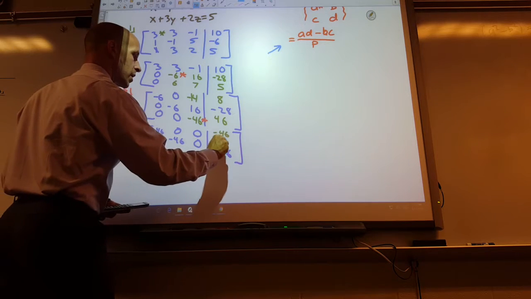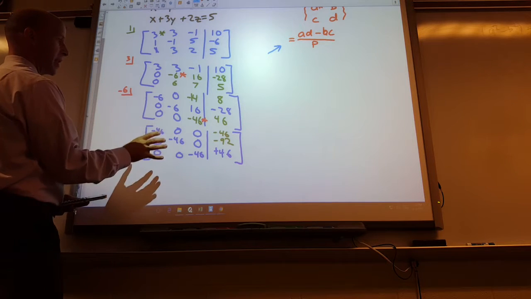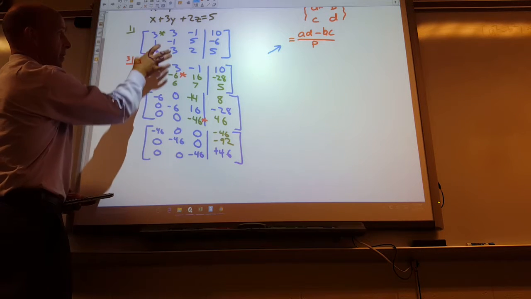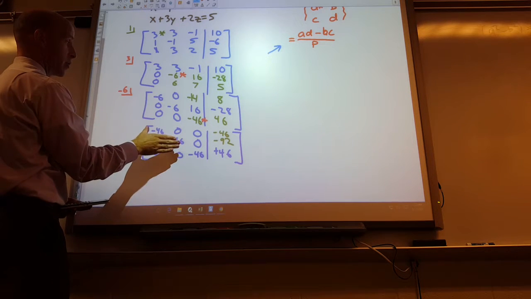And I get -92. We only had 2 calculations there. We are pretty much at the end, but before we finish this off, please note that there were 6 calculations, then there were 4 calculations, and now there's only 2.